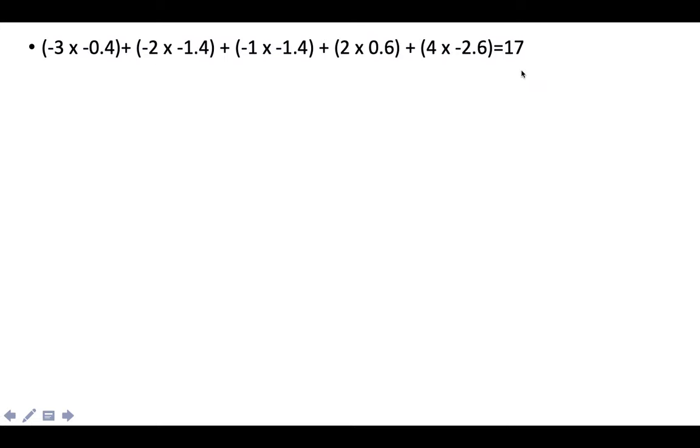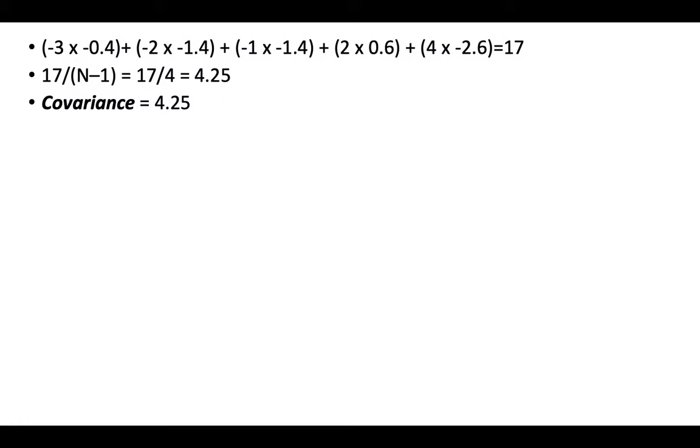The result is 17, and this 17 should be divided by the number of observations, which is 5, minus 1. That will be 4, so 17 divided by 4. Our covariance is 4.25.